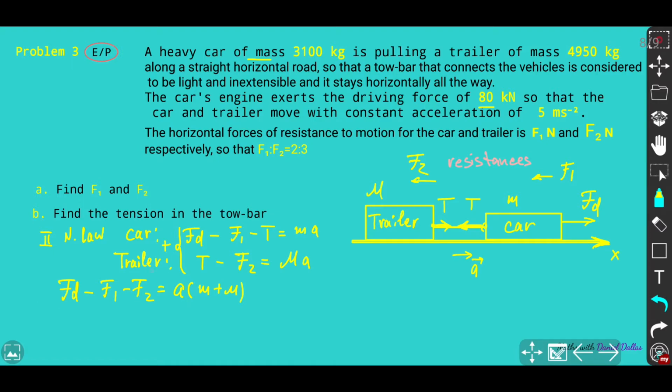All right, so what we can do, we need to find F1 and F2 separately. That's the first question. So what we're gonna do, we can express from the ratio F1 is going to be 2/3 of F2. So we can plug into this equation, and we can also plug in all other values, but I'll just derive the general formula because there are different types of students.